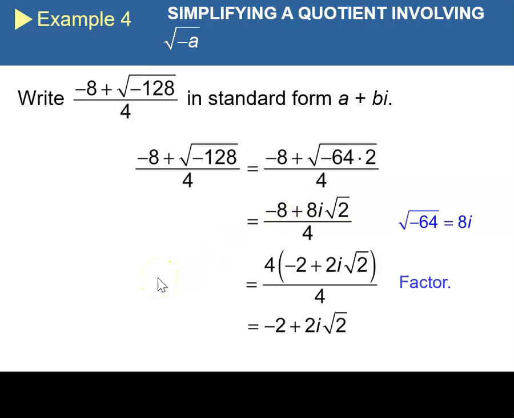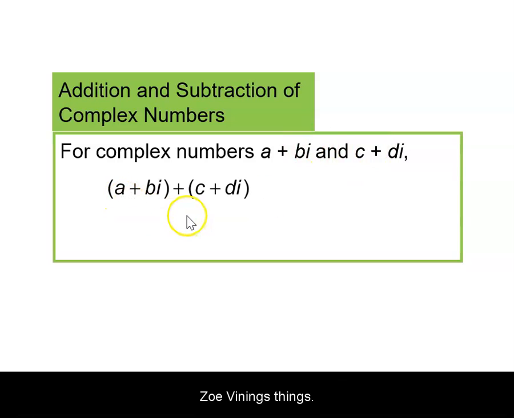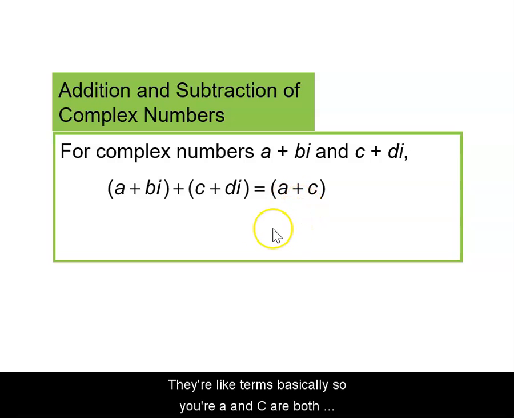Okay. So addition and subtraction of complex numbers. When I'm adding and subtracting complex numbers, the real parts get added or subtracted together, and the imaginary parts get added or subtracted together. So we combine these things with their like terms, basically.